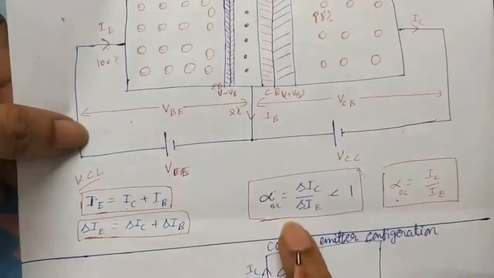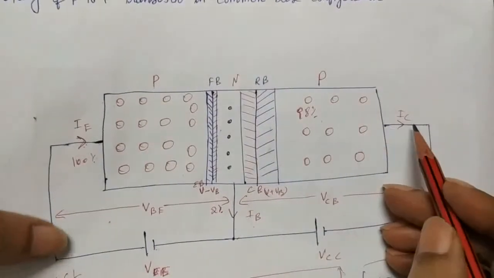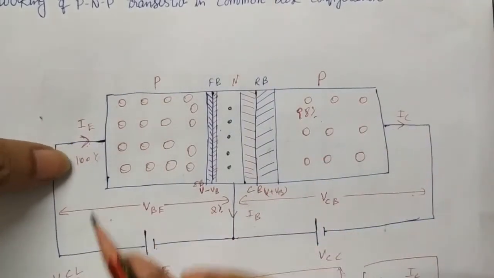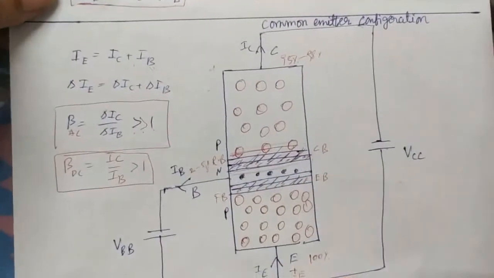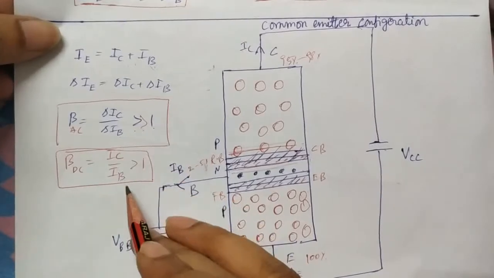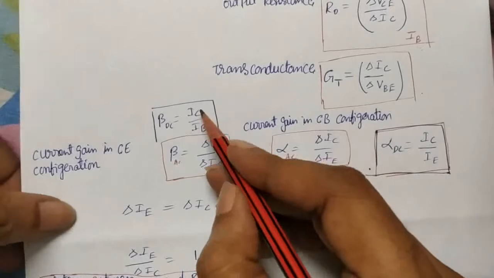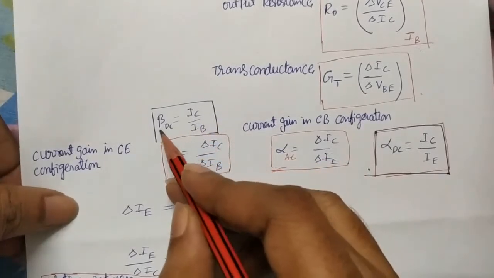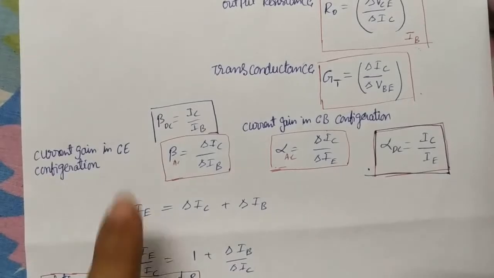We already discussed that in common base configuration it is alpha, output by input, where the output is collector current and the input is emitter current. And here in common emitter configuration, the output is collector current and the input is base current. So IC by IB, that is what we take here. IC by IB is the current gain, but DC. That means DC means what happened?